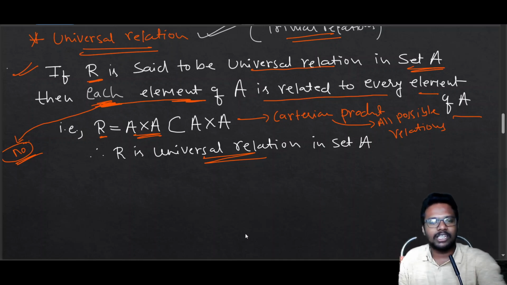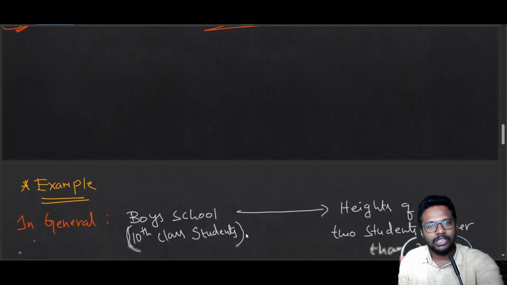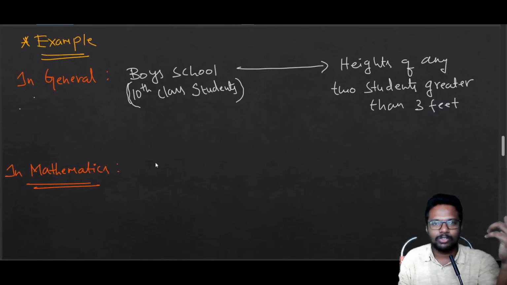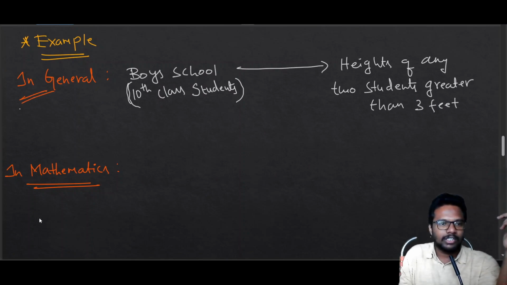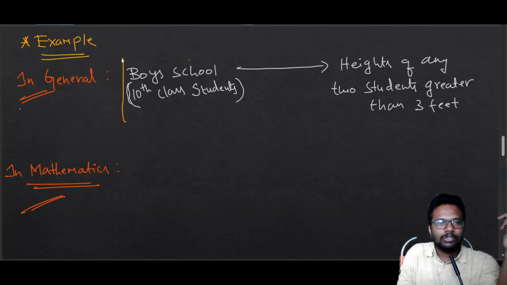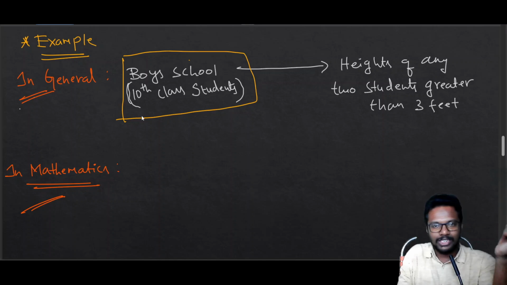Let us understand further with examples. Here I have considered two examples: one is a general example and another is a mathematical example. First I have considered a boys school, the same example as in the empty relation, so I have kept the same example for universal relation also.